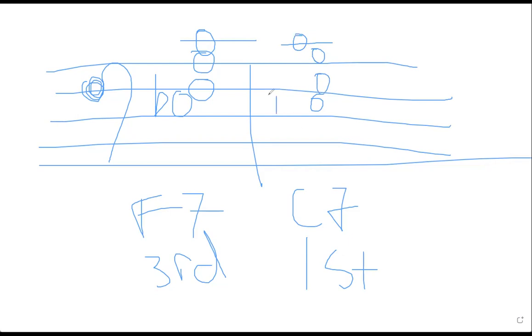So you have an E, a G, B, and D, and that is your C7.